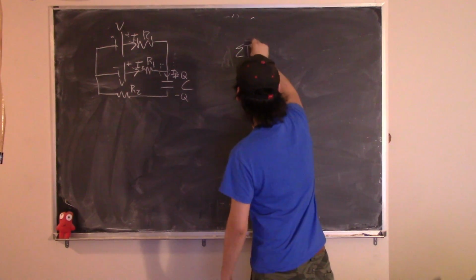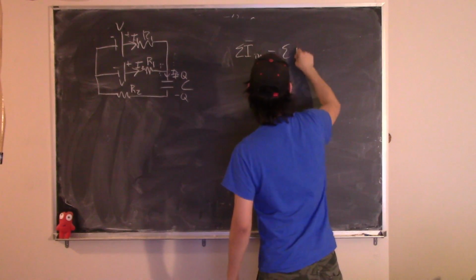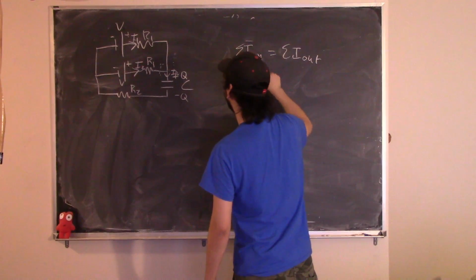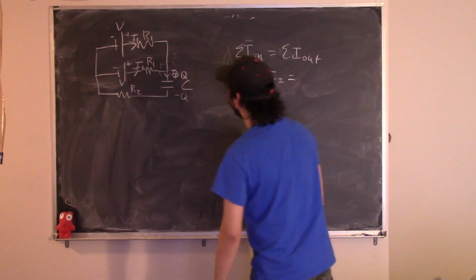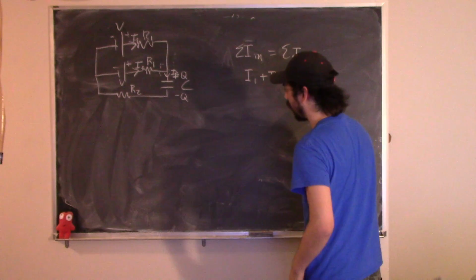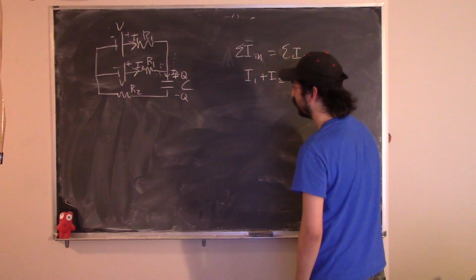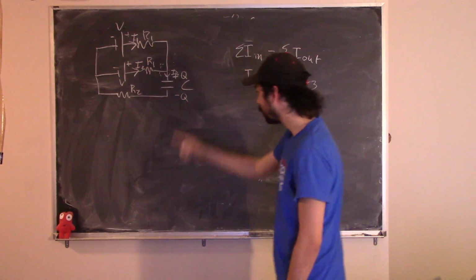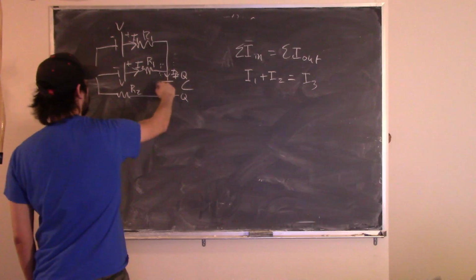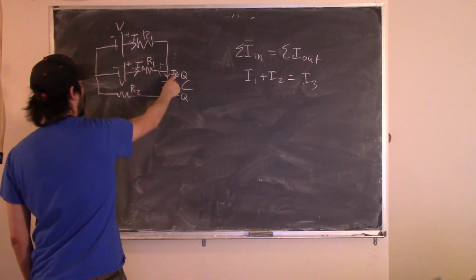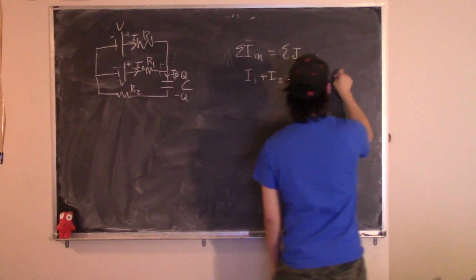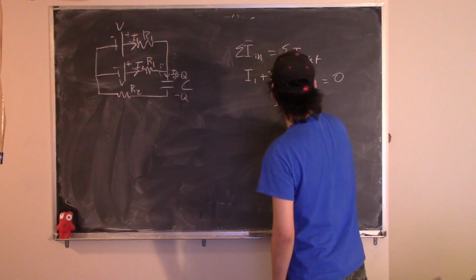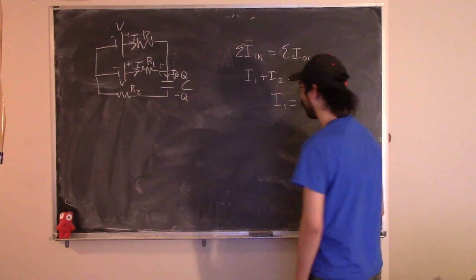This says sum I in is equal to sum I out, which says that this is going to be I1 plus I2, which is going to be equal to I3. But we know that because there's a capacitor down here, if this is fully charged, I3 is actually 0. So I3 is 0, which says that I1 is equal to minus I2. Okay?